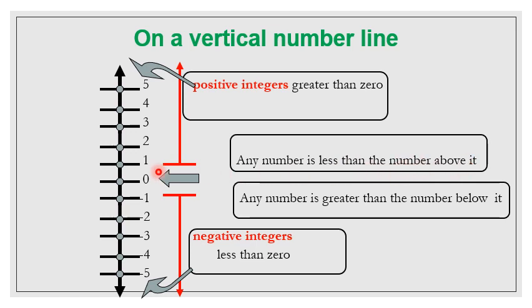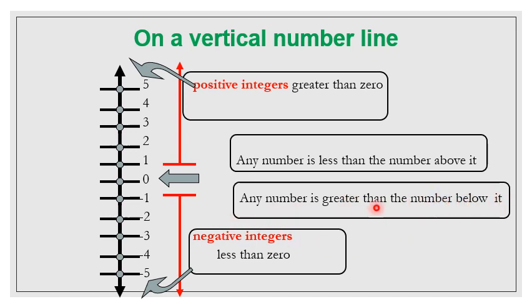What does that mean? If I want to compare negative 2 and 0, negative 2 is less than 0, because we said any number is less than the number above it. Another one: any number is greater than the number below it.